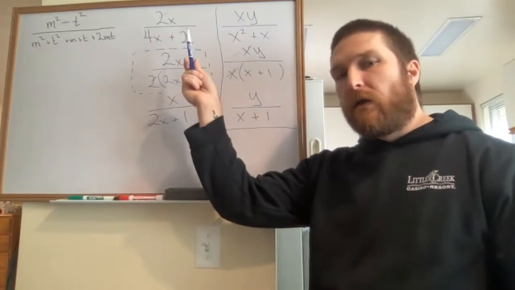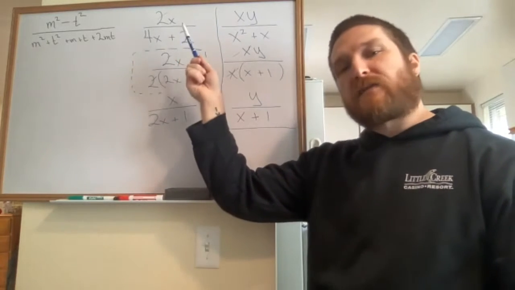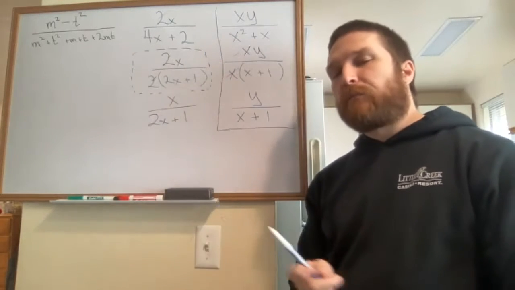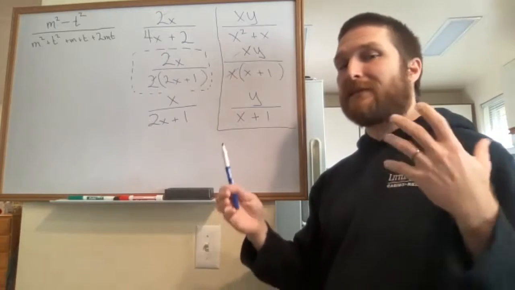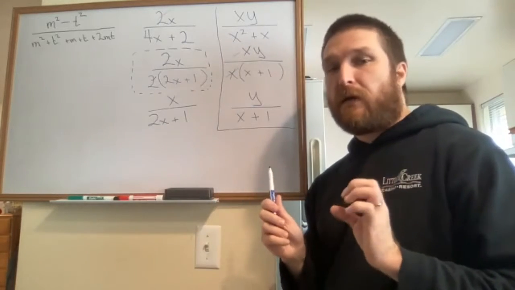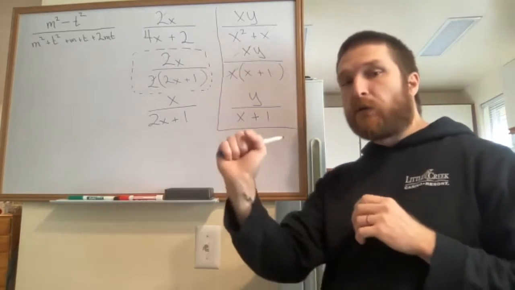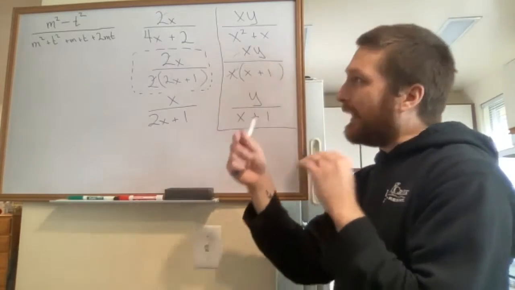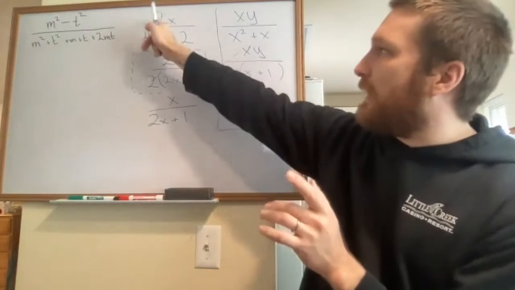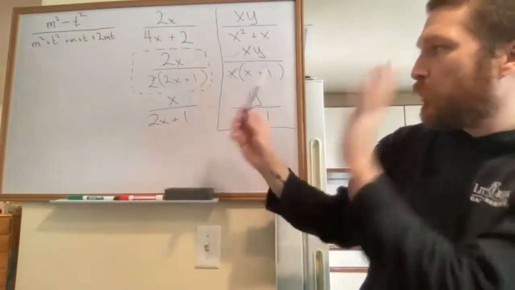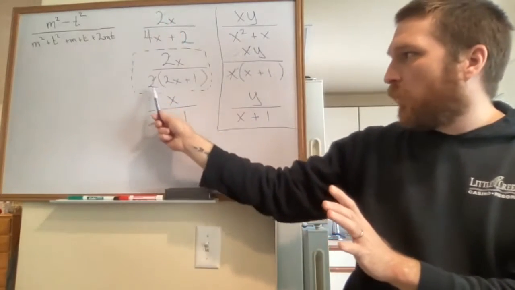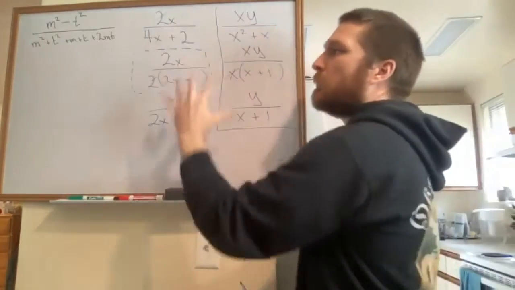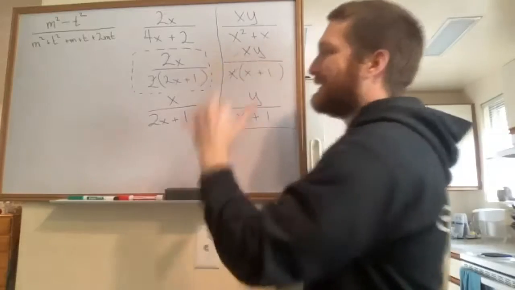With the first one, I see a 2 times an X on the top, and I immediately think, if this thing is going to reduce, then we're going to need either a 2 or an X down in the denominator by itself, right? If I could cancel either the 2 or the X out, then I should be able to write it so that there's a 2 all by himself or possibly an X all by himself. And so that kind of informs my next step.